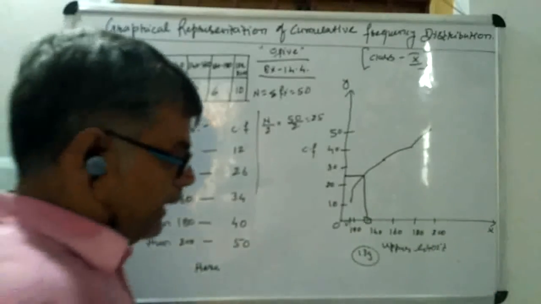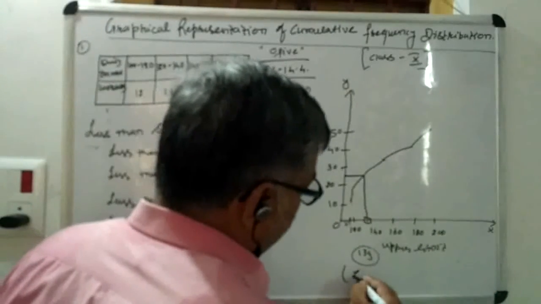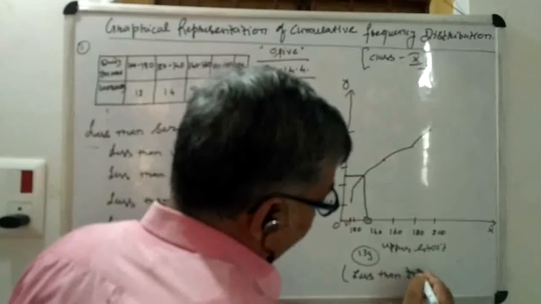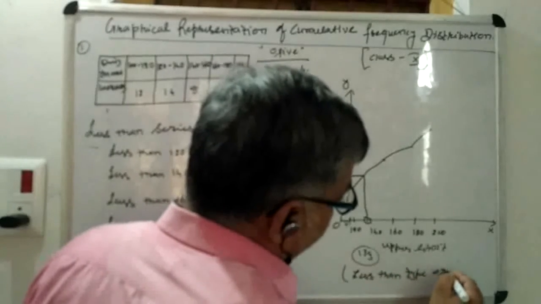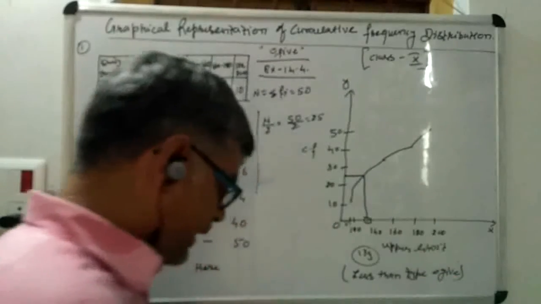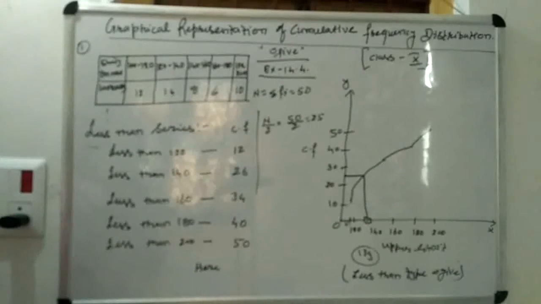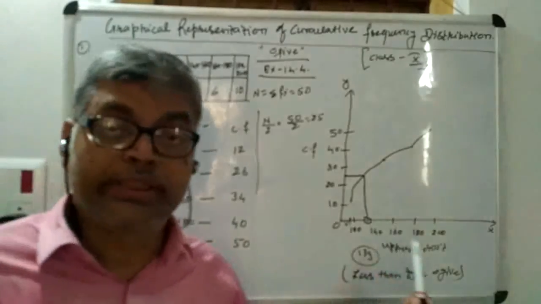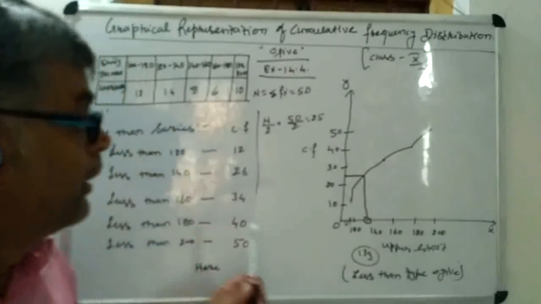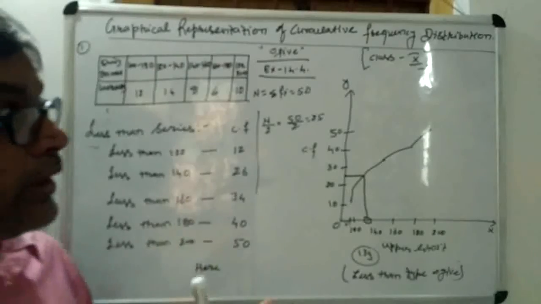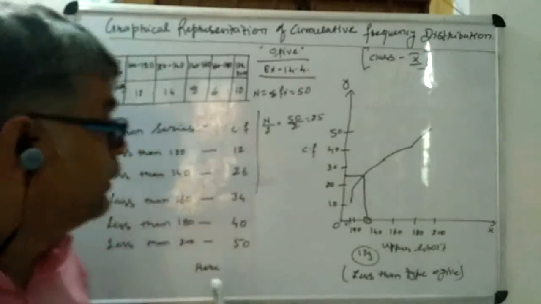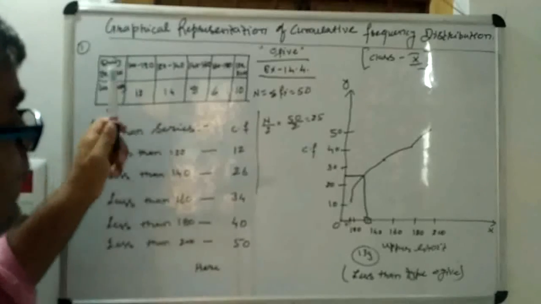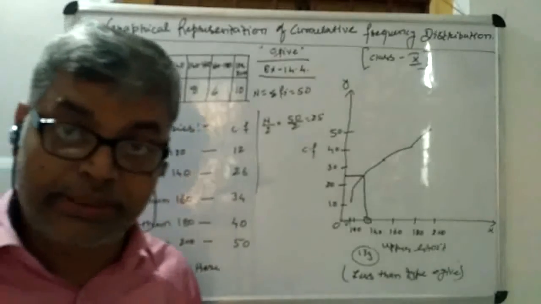It is a less than type ogive because we have taken the upper limit and the cumulative frequency. But in the case of more than type ogive, children, you have to take the lower limit and cumulative frequency.